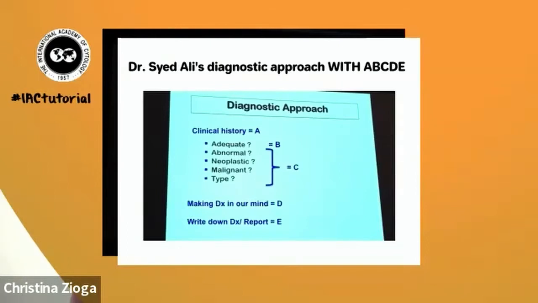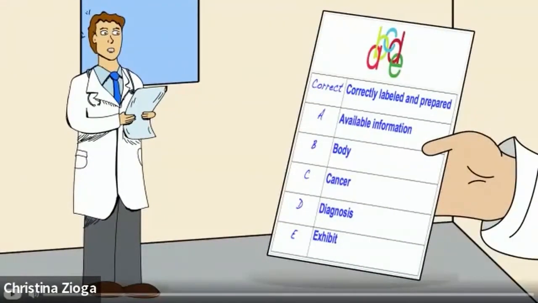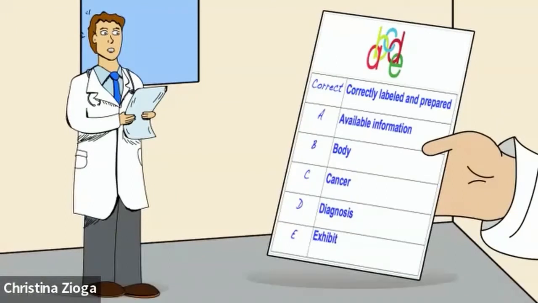A is for history, B for adequacy, C for morphology, D for diagnosis, and E for report. This simplified mnemonic is a pathway to the procedure of interpreting pathology slides. You can use it as a memory aid to determine the order in which diagnosis should be approached. That's it, ABCDE.